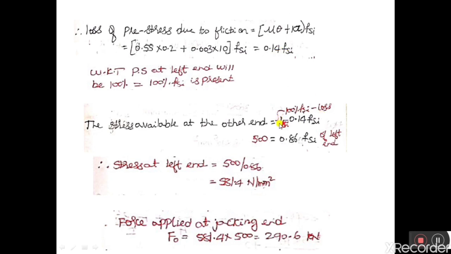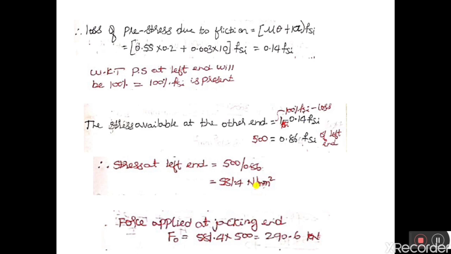So 1 Fsi minus 0.14 Fsi is equal to 0.86 Fsi. Therefore, stresses at left end is equal to 500 by 0.86, that is equal to 581.4 Newton per mm square.